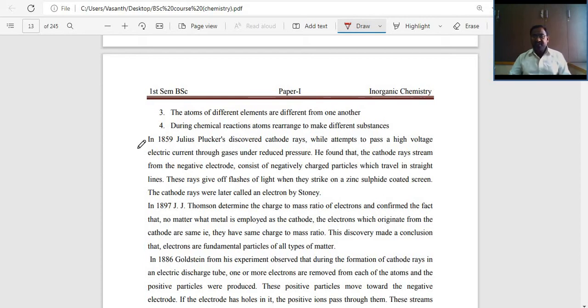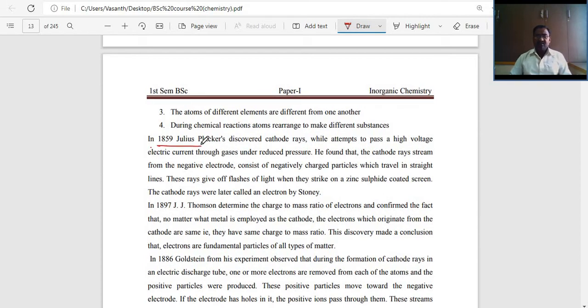In 1859, one more scientist, Julius Plucker, discovered cathode rays. He attempted to pass a high voltage electric current through gases under reduced pressure.